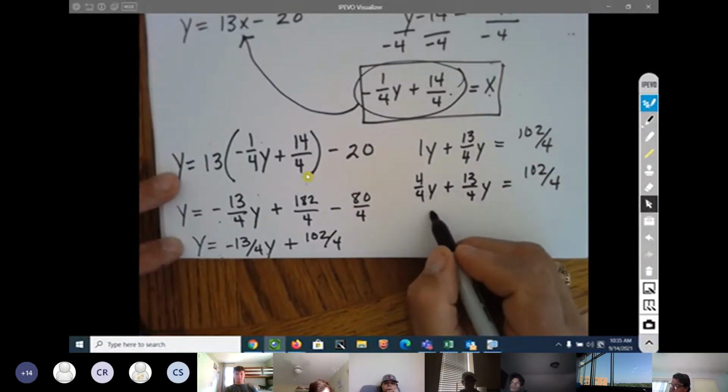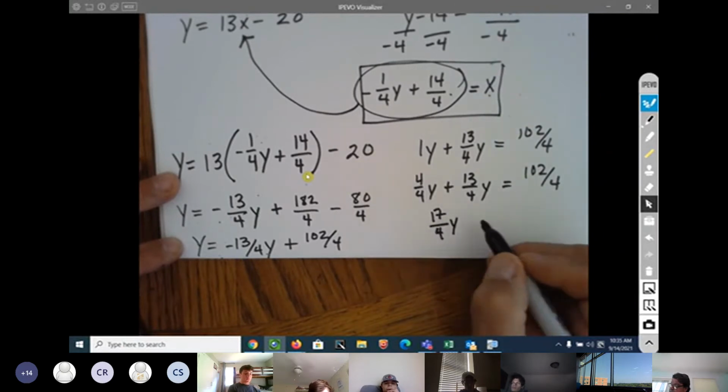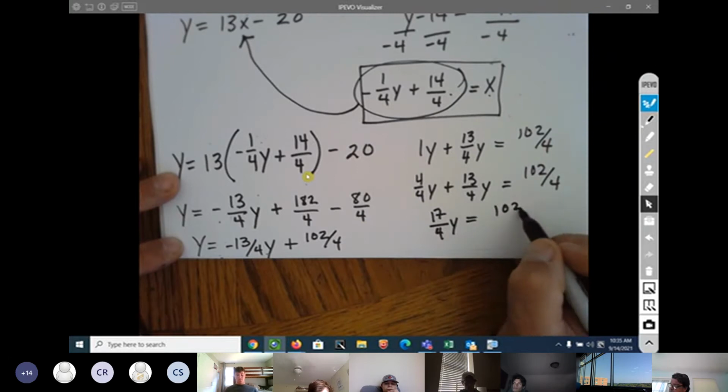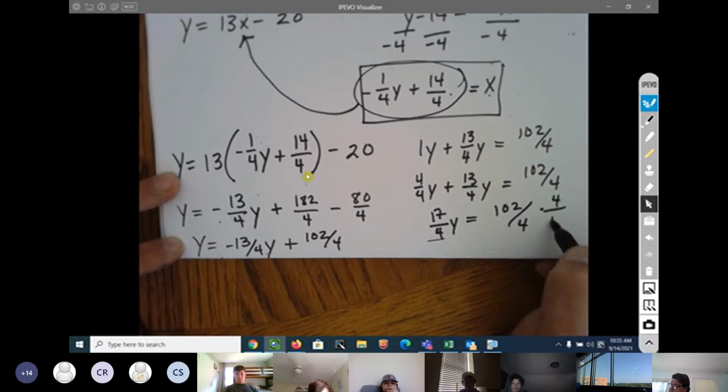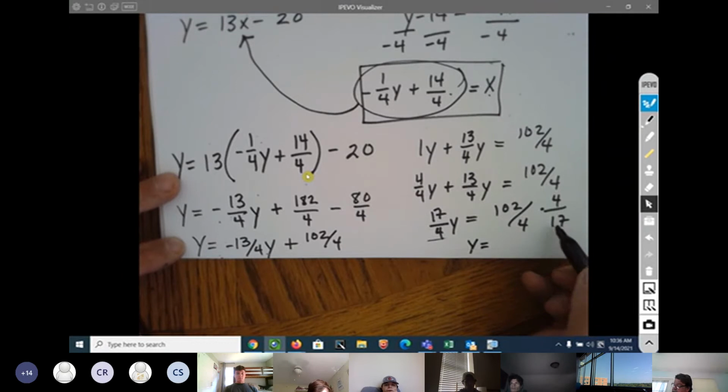And then that's 17/4 y is equal to 102 over 4. Divide by 17/4, multiply by 4 over 17. Y is equal 102 divided by 17. I have no idea. 6.